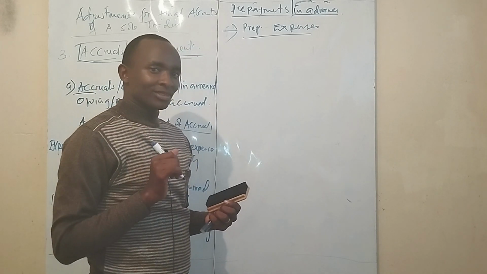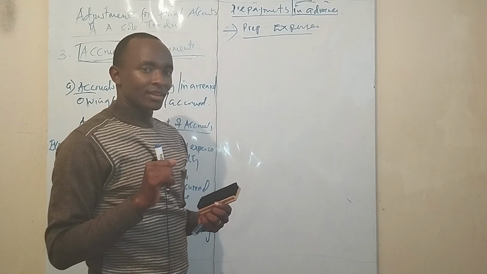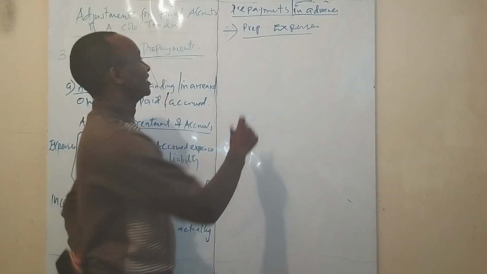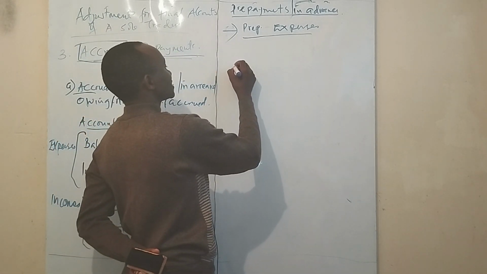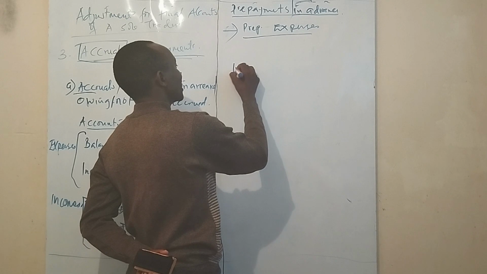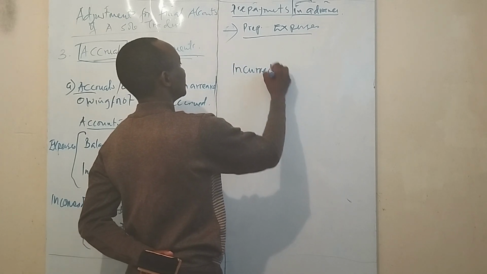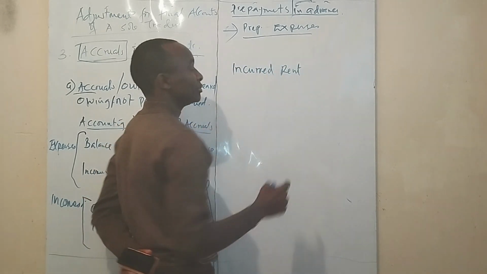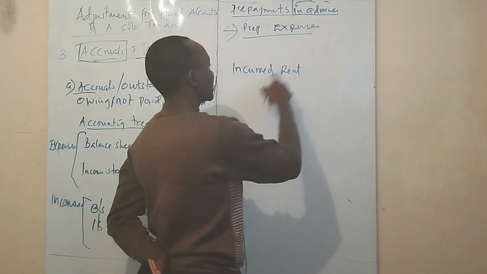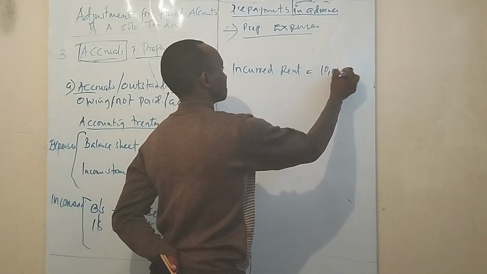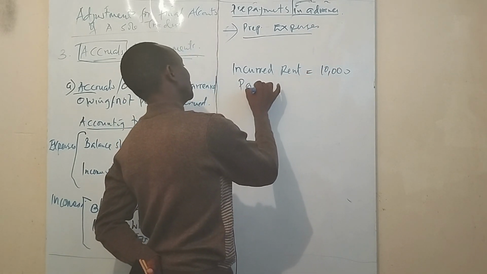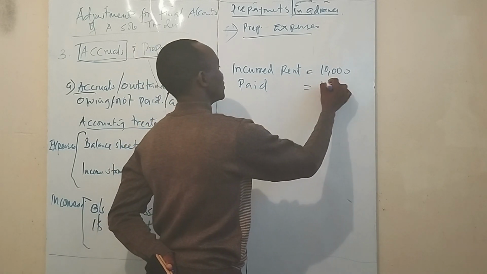is an asset to the organization. I know you're confused. Look here. Maybe you are told that the incurred rent, maybe you are paying rent, was 10,000. But what was actually paid is 15,000.